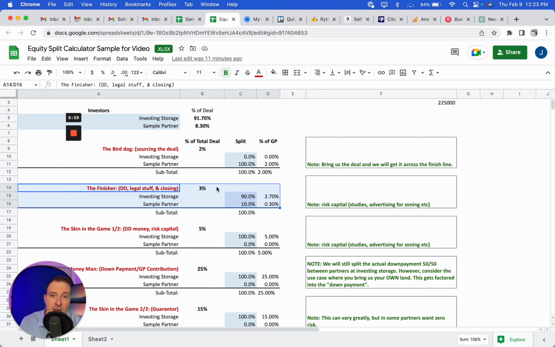These percentages, well, I don't like to use the term industry standard because it's kind of a BS concept. Is there an ISO standard for how much each member of a deal is worth and how you break down equity? No, the International Standards Organization does not make any comments on what the bird dog is worth.